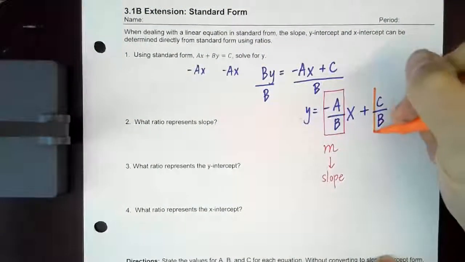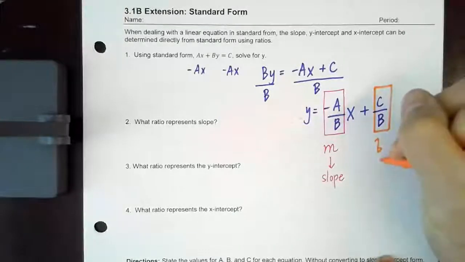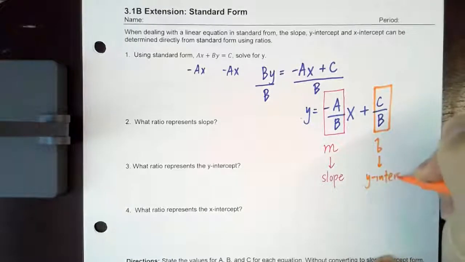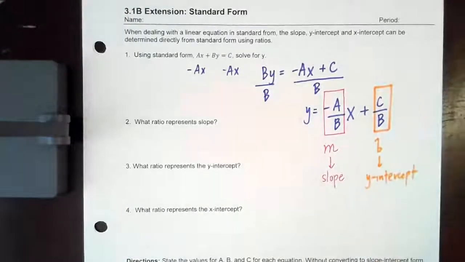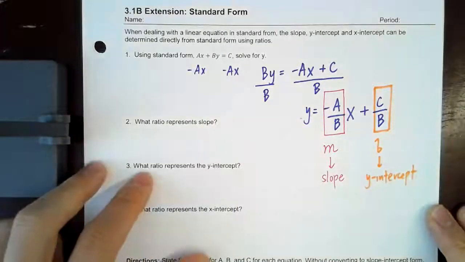And then C over B is always going to be your y-intercept. That's very interesting because if I give you something in standard form and you memorize these ratios, you will be able to immediately convert to slope-intercept form.